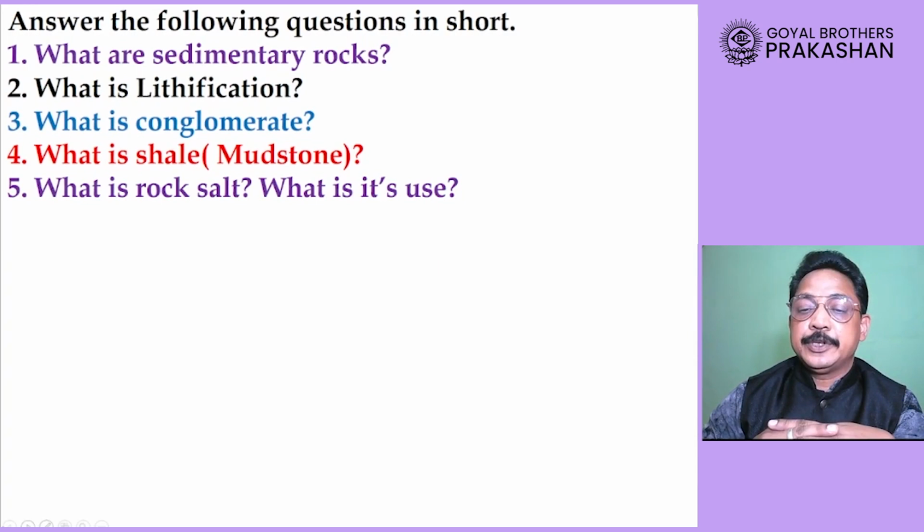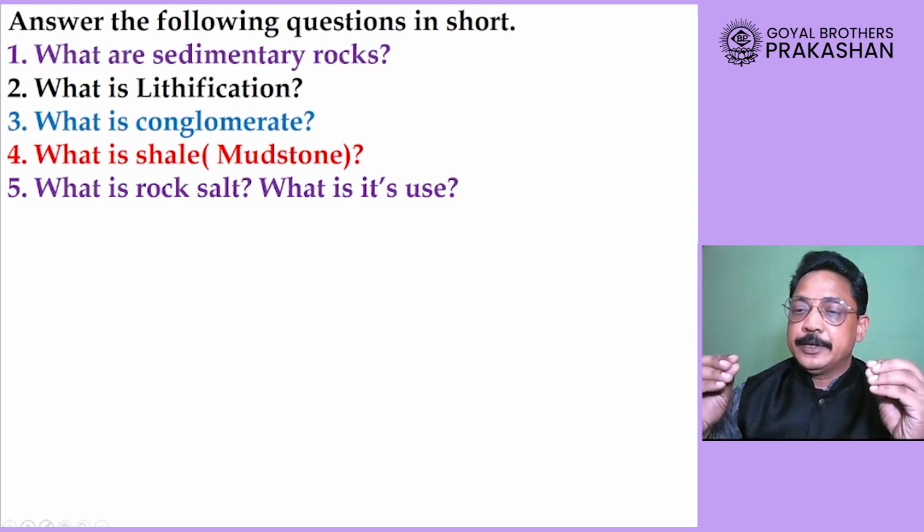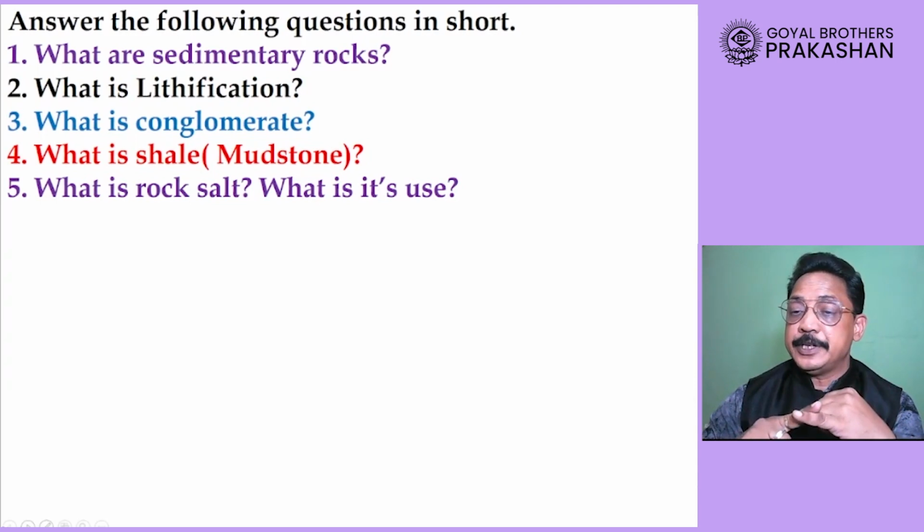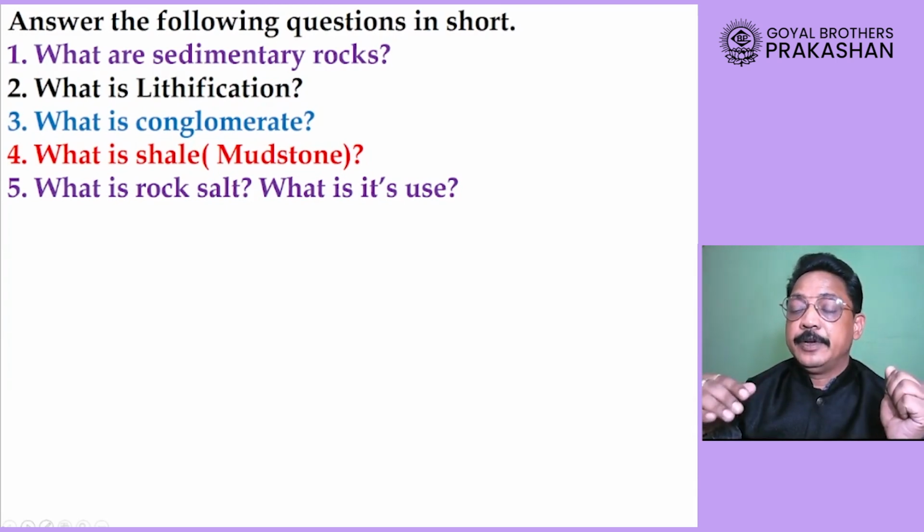Our next question is, what is rock salt and what is its use? Now, dear student, rock salt is a mineral that is formed because of evaporation of water from Dead Sea, Caspian Sea, Aral Sea, Sambar Lake, etc., where temperature is very high.